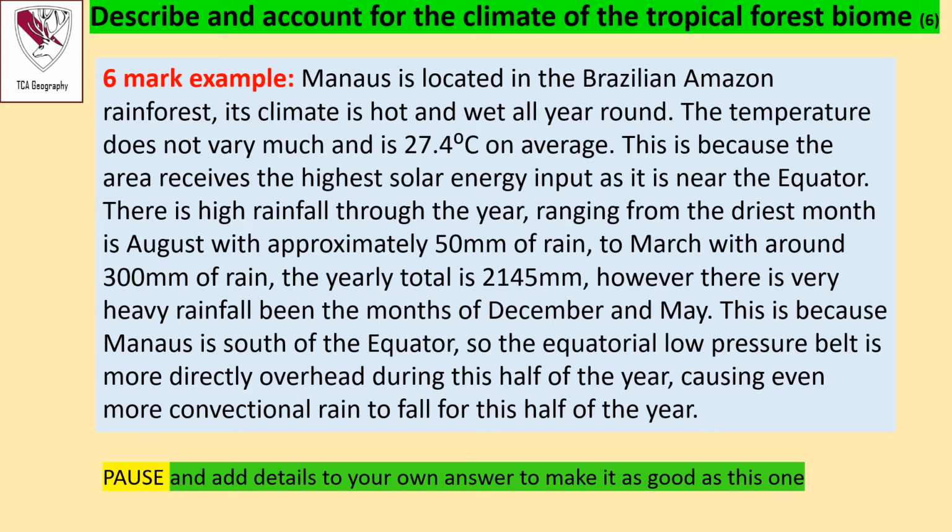However, there is a very heavy rainfall between the months of December and May. This is because Manaus is south of the equator, so the equatorial low pressure belt is more directly overhead during this half of the year, causing even more convectional rain to fall for this half of the year.